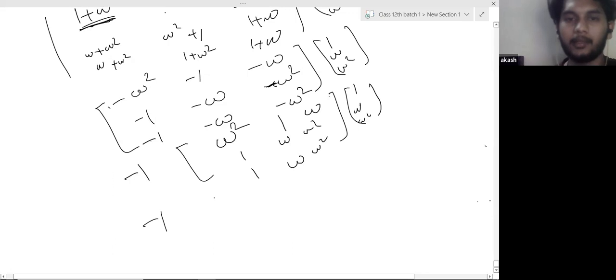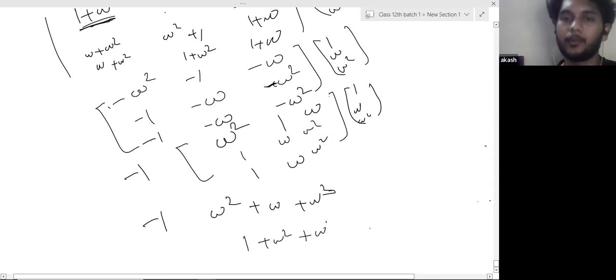Sorry for my diagonal handwriting. So this is omega square plus omega cube. Right. Now for the second element, this is 1 plus omega square plus omega raised to the power 4.